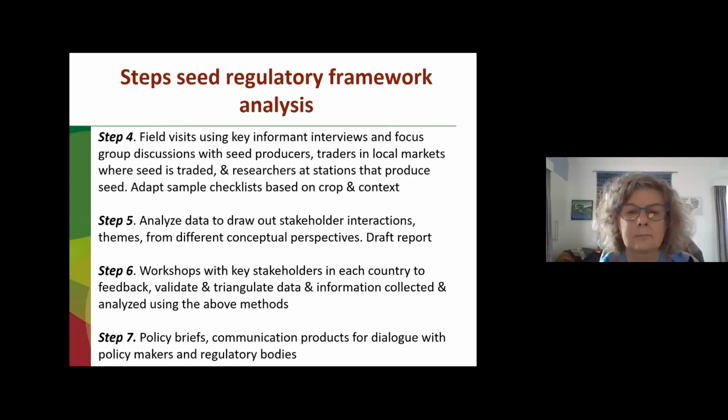So once we have the data, then it needs to be analyzed. And here we're trying to identify if there are themes which stand out across different types of stakeholder groups. We're trying to understand what the stakeholder interactions are, and this data can be analyzed through different conceptual perspectives, for example, classical economics or institutional innovations or political economy.